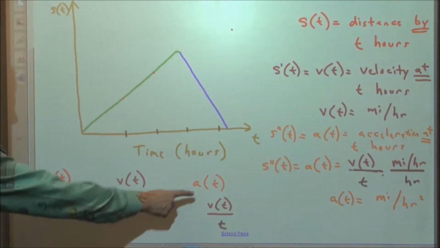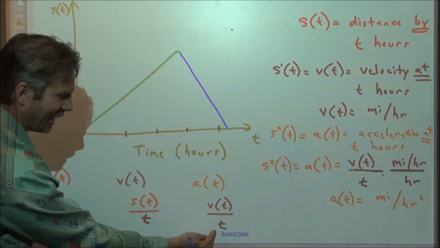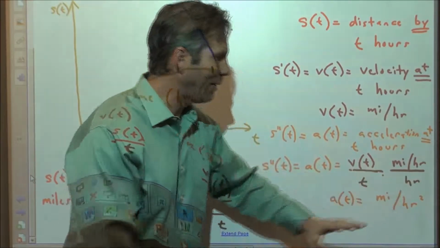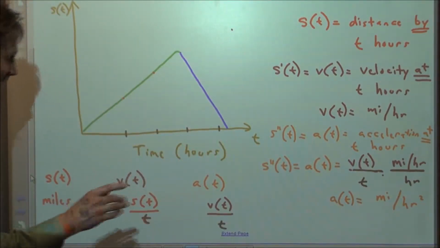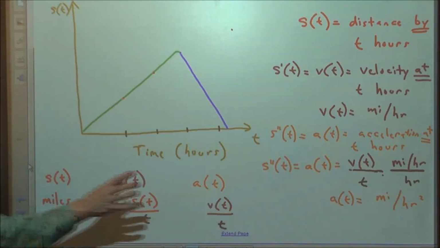That meant our acceleration was zero, our rate of change of the rate of change. Acceleration is miles per hour squared. If that makes sense, fine. If not, not a huge deal. You just want to make sure you know the original function is distance away from whatever your reference point is. First derivative, velocity. Second derivative is acceleration.